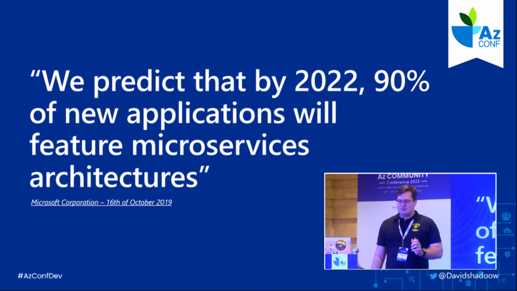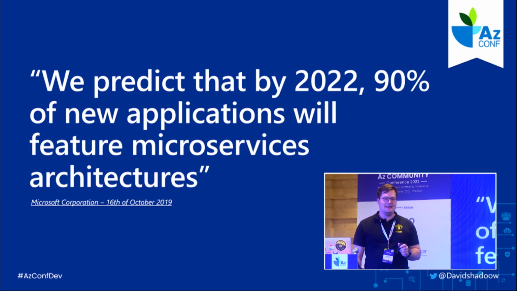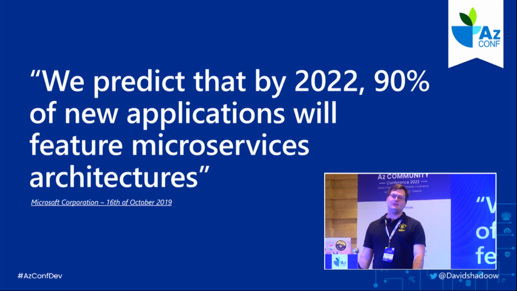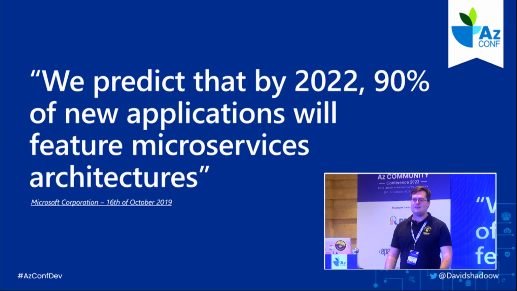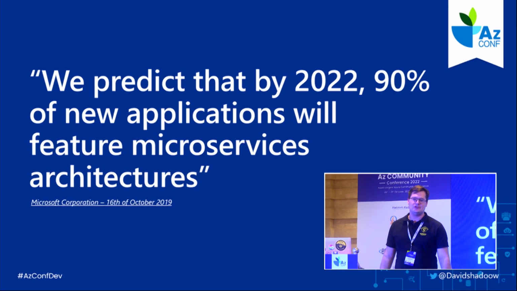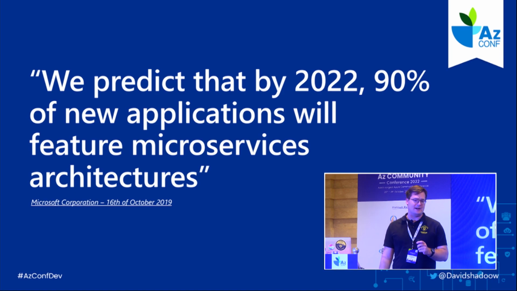I think personally that this prediction was a bit bold, because what I see in day-to-day life is that for a lot of simple things, a monolith application is still the way to go. If you're not going to have 10,000s of concurrent users, if you need an internal application for 500 or 1,000 people, if you need some business application to register some data and put it into a database, then you do not really need a microservice architecture all the time.